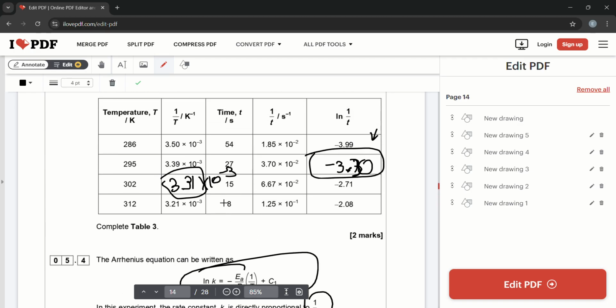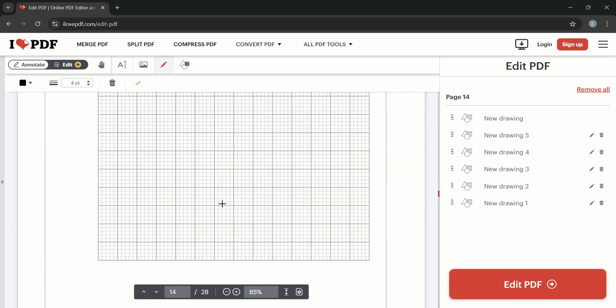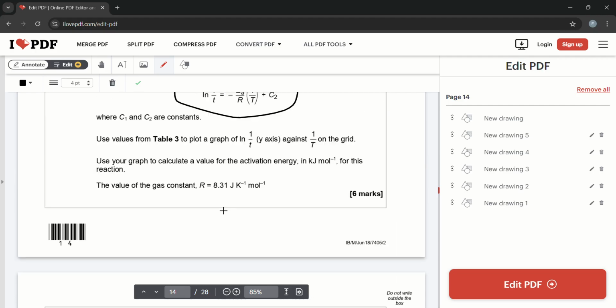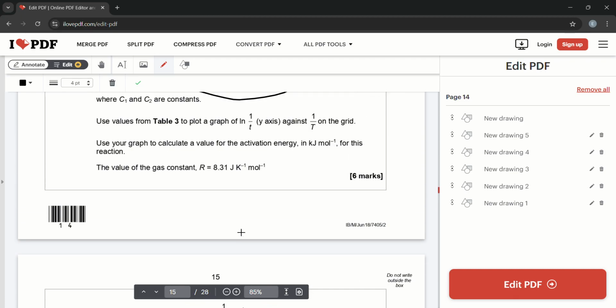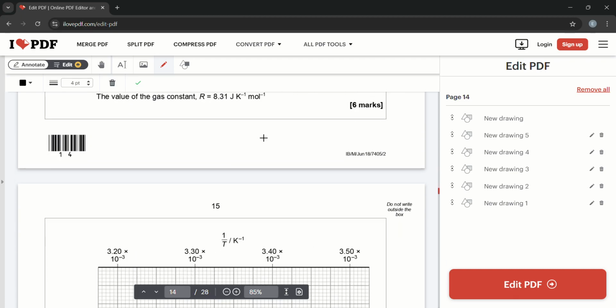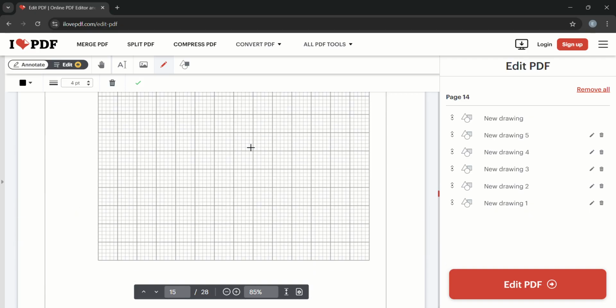You know what, let's do this. So we know 1 over T is the x-axis, ln 1 over t is the y-axis.